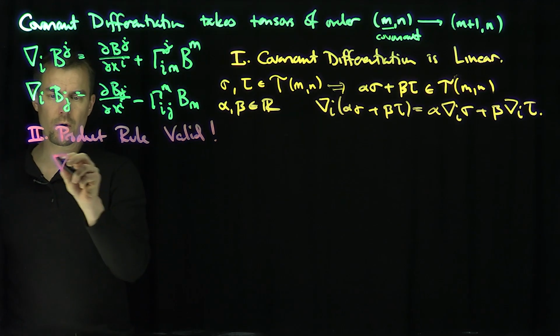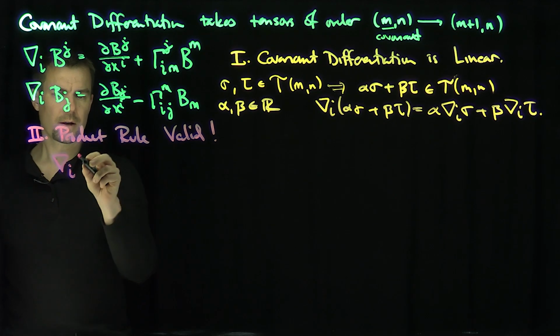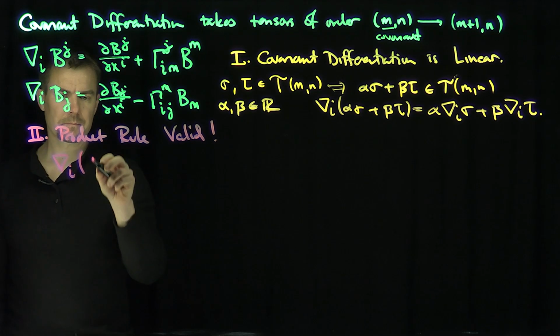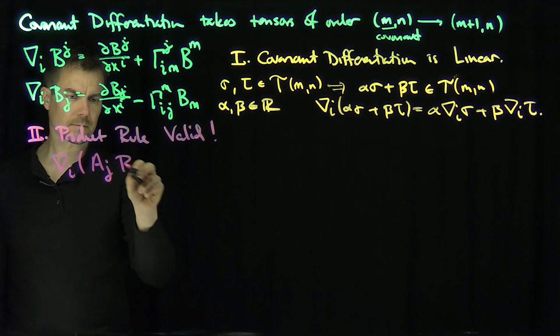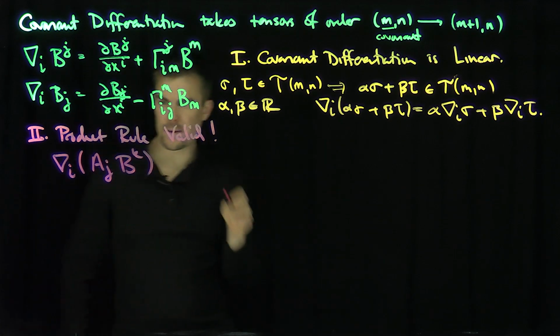So if I was to do the covariant derivative of a covariant and then a contravariant, let's see what this would be by definition.